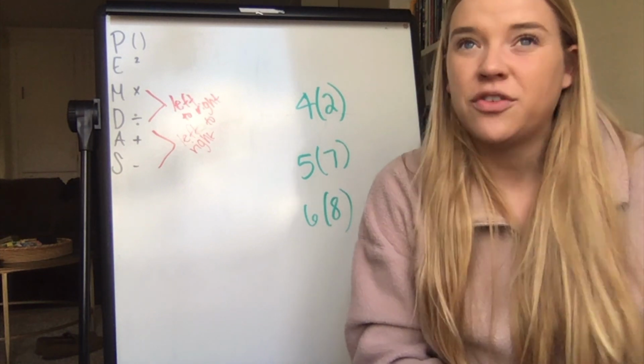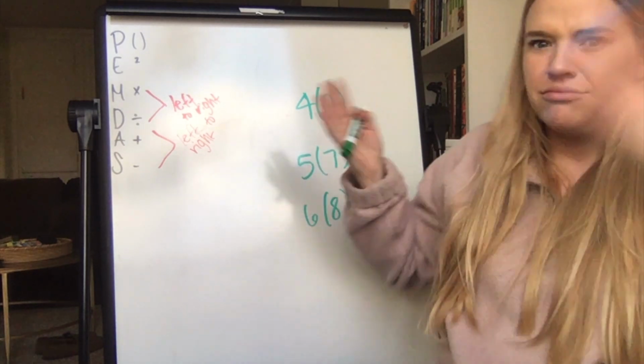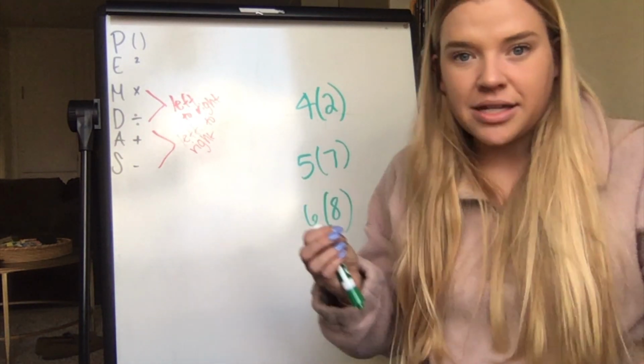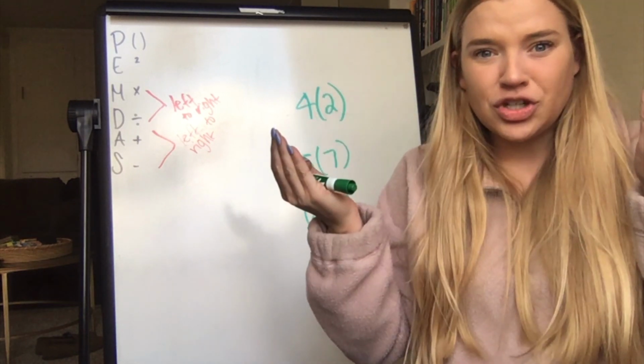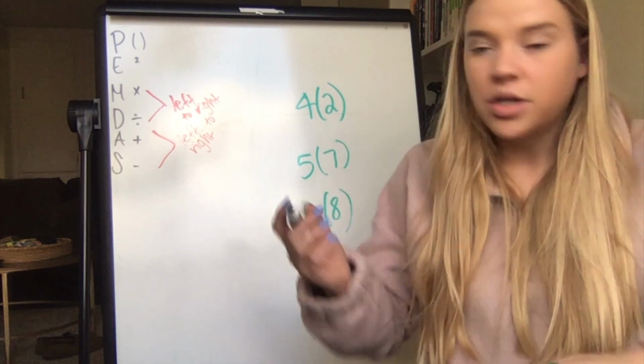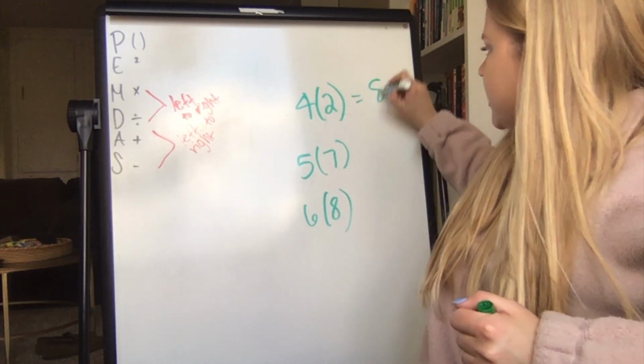There are so many different ways to write multiplication, and when there's not a symbol, so it's parentheses, what that means is multiplication. So 4(2) really just means 4 times 2. So 4(2) is 8.